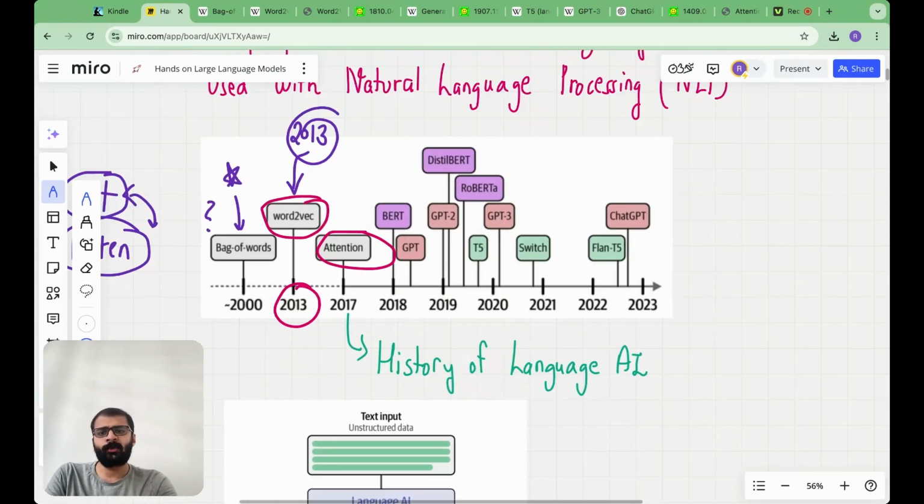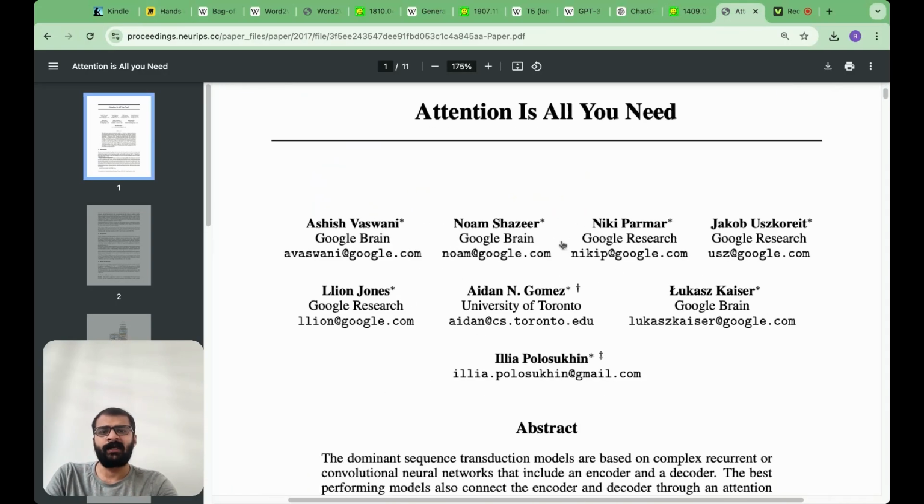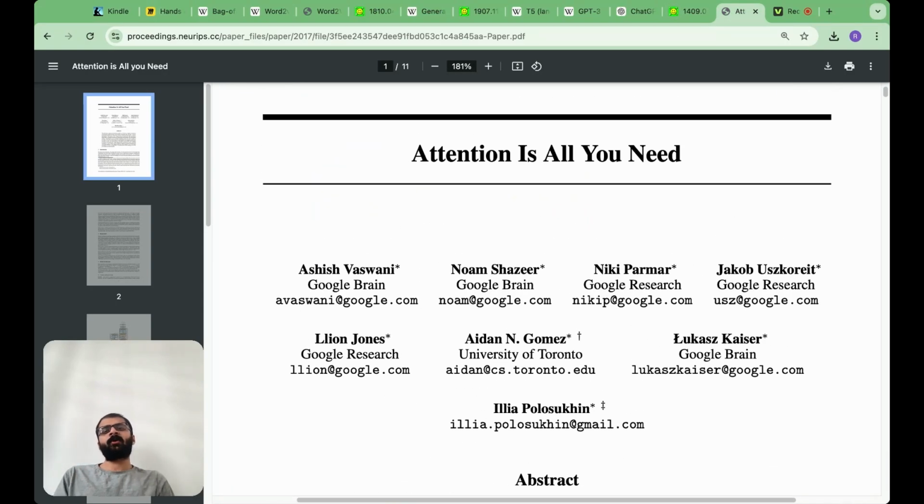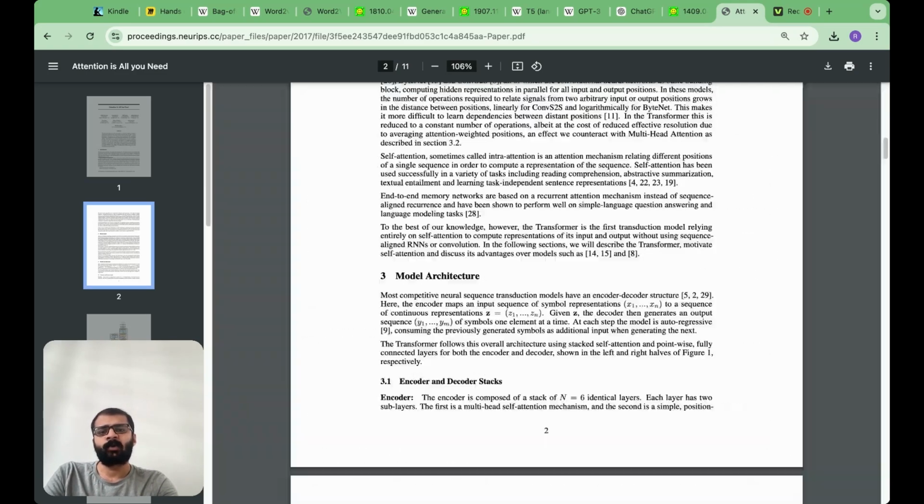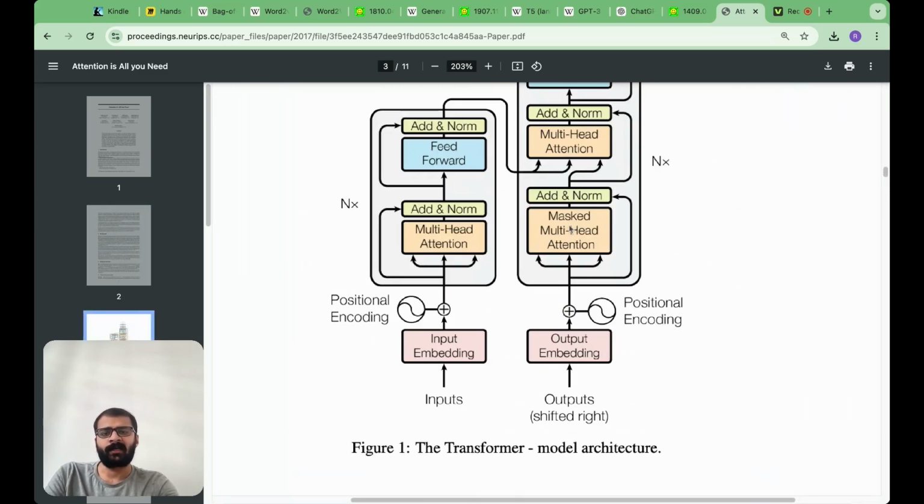But I just want to show you that attention was introduced in 2014, and then it was introduced in another paper in 2017. The reason this paper caught all the attention and why it is much more famous than the 2014 paper is that this 2017 paper, titled Attention Is All You Need, introduced the transformer architecture. So let me scroll down a bit and show you the transformer architecture.